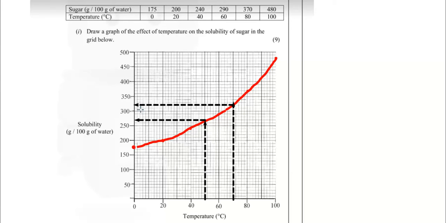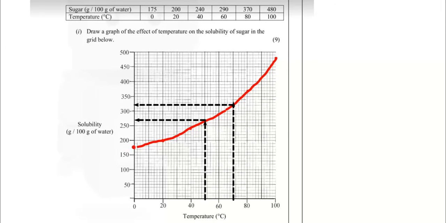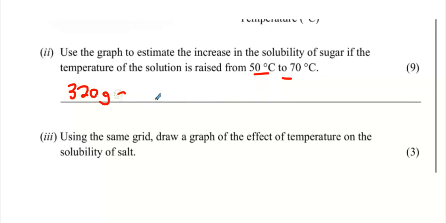So I'm doing 320 take away 270. 320 grams per, how much water? Per 100 grams of water. So it's 320 minus 270, which is 50. You can dissolve an extra 50 grams per 100 grams of water.